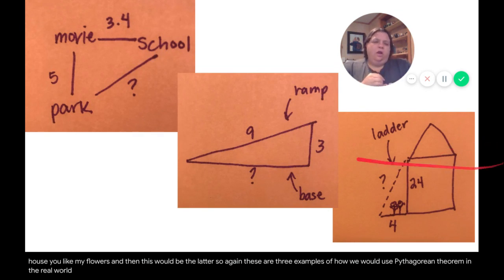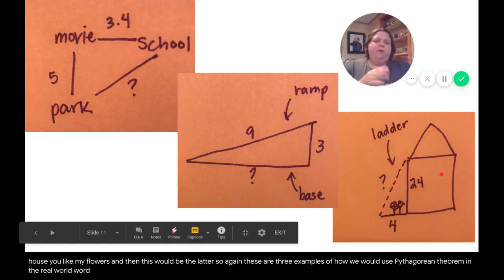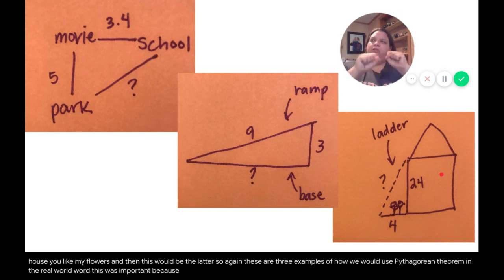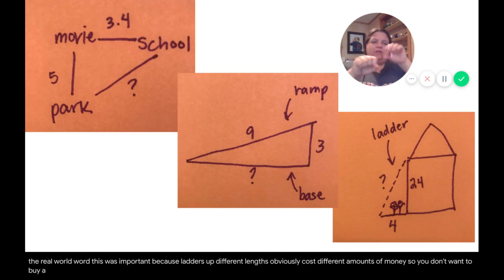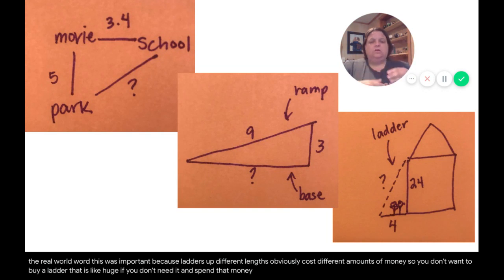And this one's important because ladders of different lengths obviously cost a different amount of money. So you don't want to buy a ladder that is huge if you don't need it, and spend that money.